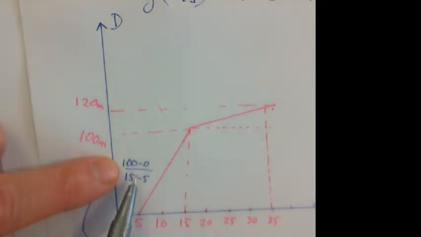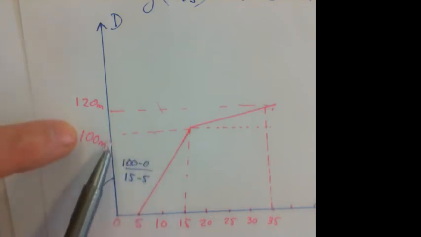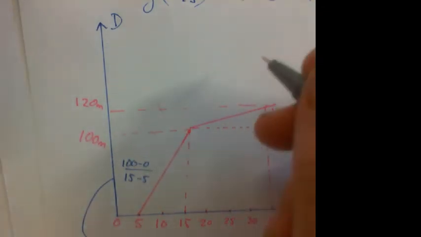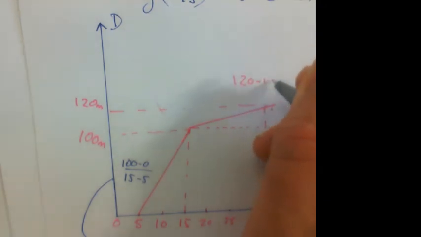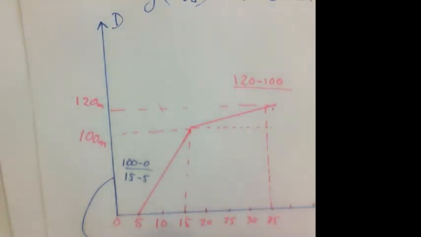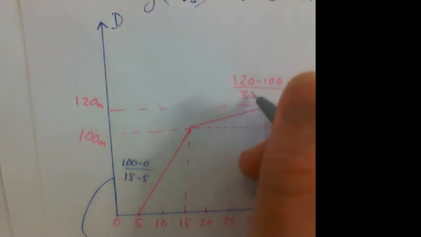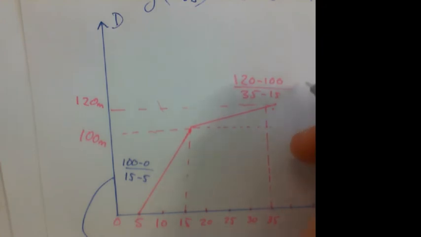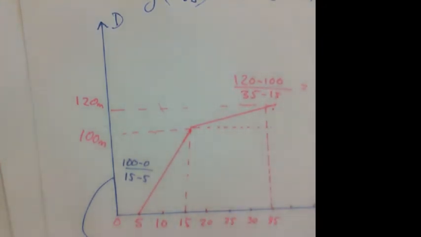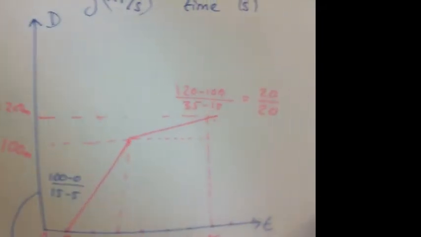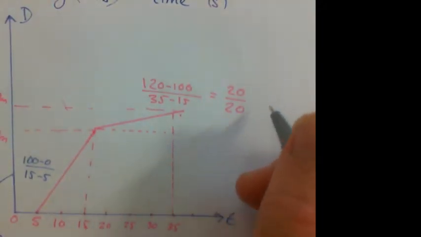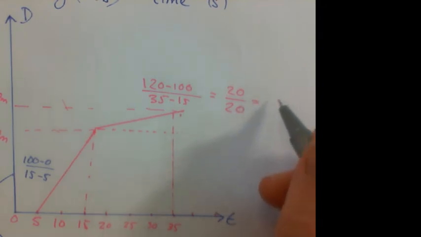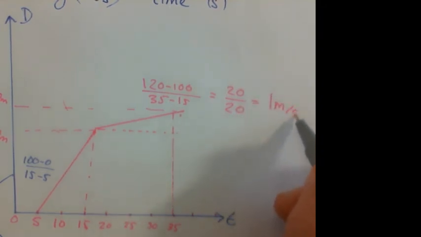So on this one I had to do 100 minus 0, but on this one I've started at 100, so I need to do 120 minus 100, and the difference in time is 35 minus 15, so that means I'm going to get 20 divided by 20, and that equals 1 meter per second.